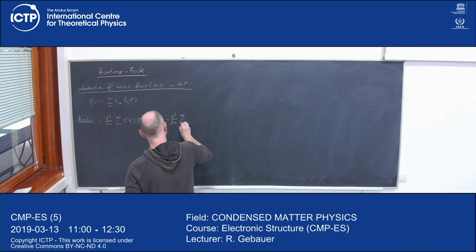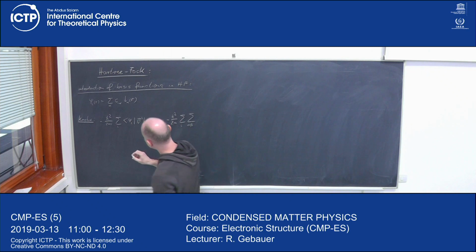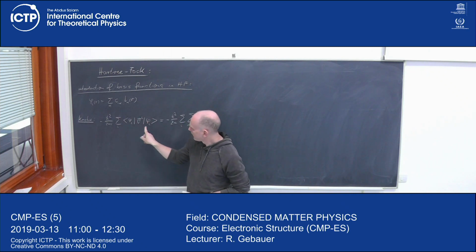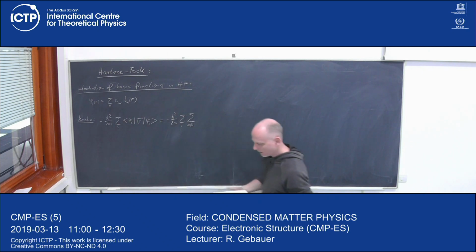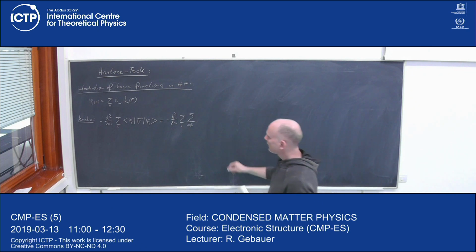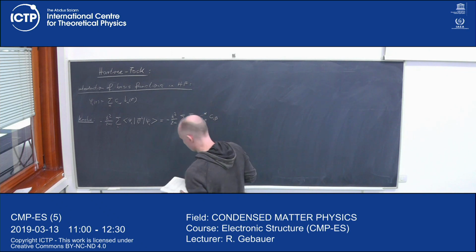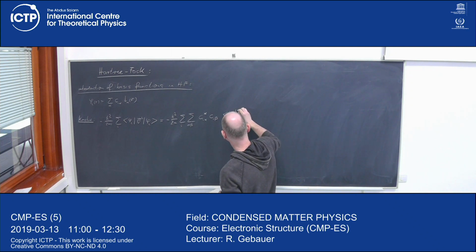We remain with the sum over i, and we sum over alpha and beta. Why two sums? Because phi i is a sum, say over alpha. Here we have again phi i, and we have a different sum, so we must name it with a different index. I call it beta. And then we have c i alpha complex conjugate, c i beta. And here we have the basis function alpha times the second derivative of the basis function beta.